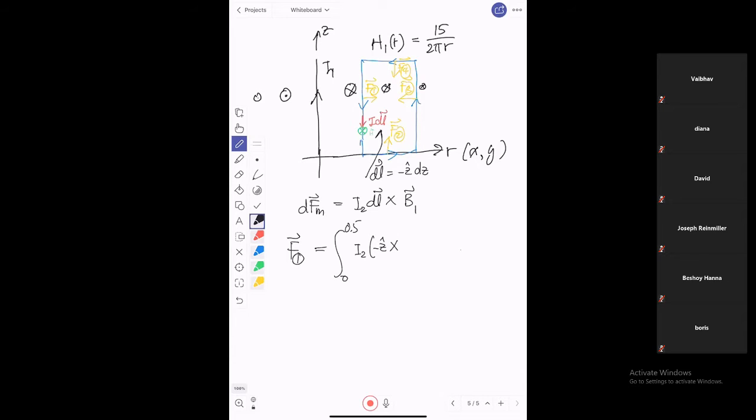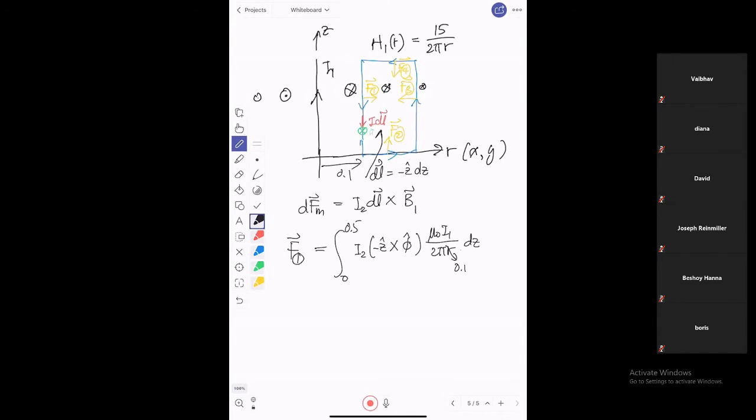What is B1? B1 is in the direction of phi, right? And then I have multiplication, mu 0 I1 divided by 2 pi r. And then, of course, I evaluate r. At this location, what is r? r is 0.1, right? So I actually have to change this to 0.1. And then dz.